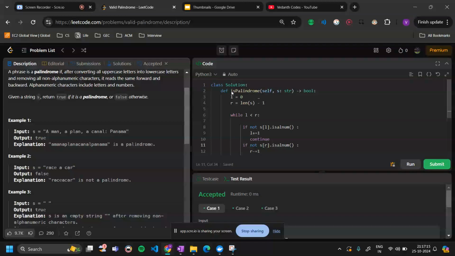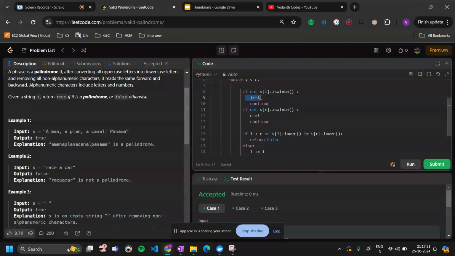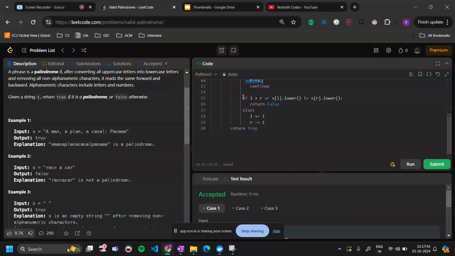Now coming to the code, it is really simple. We have the L pointer here starting at 0 and the R pointer starting at the end of the string. While L is less than R, if s[L] is not an alphabet or number, we move L forward and continue. Similarly for R, if it's not a number or an alphabet, we reduce R and continue.